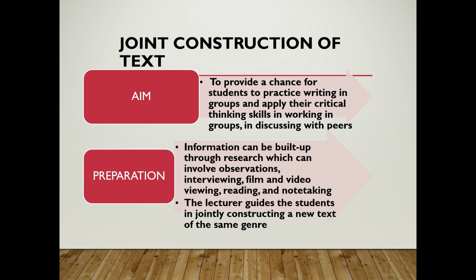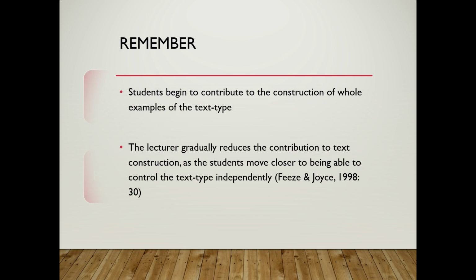And then the lecturer guides the students in jointly constructing a new text of the same genre. Remember, students begin to contribute to the construction of whole examples of the text type. The lecturer gradually reduces the contribution to the text construction as the students move closer to being able to control the text type independently.